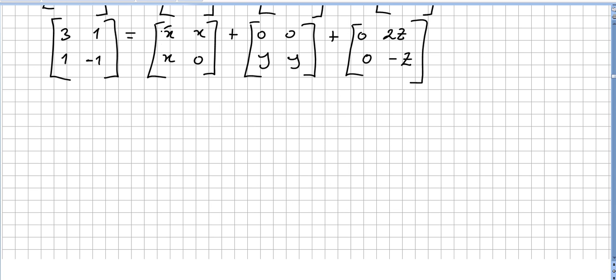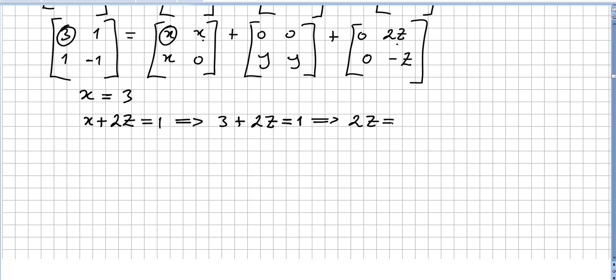So now we have x plus 0 will be 3, so this one is done. Then x plus 2z will be 1. But x is 3, right? So 3 plus 2z is 1.